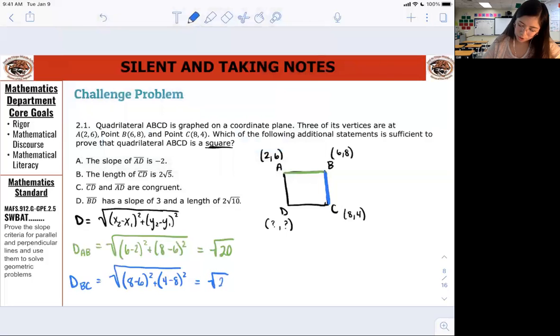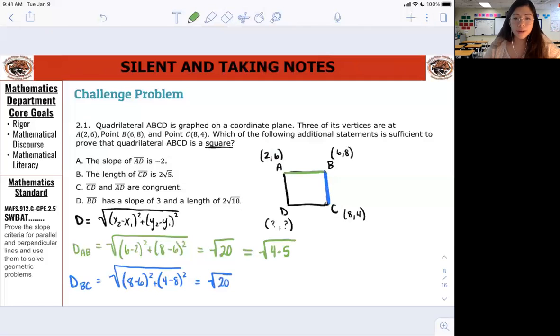Would anyone like me to show how we got the square root of 20? To show the steps? No? Okay. Well, square root of 20 can be broken down. What is a factor of 20 that is a perfect square? 4. 4, good. 20 is 4 times 5.